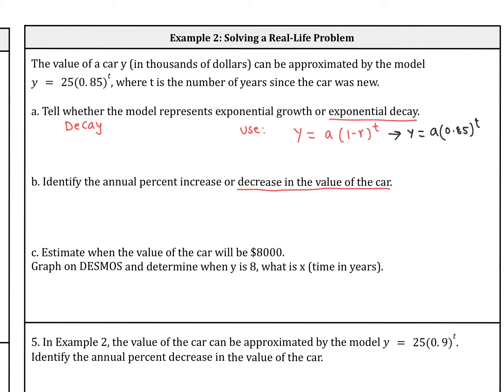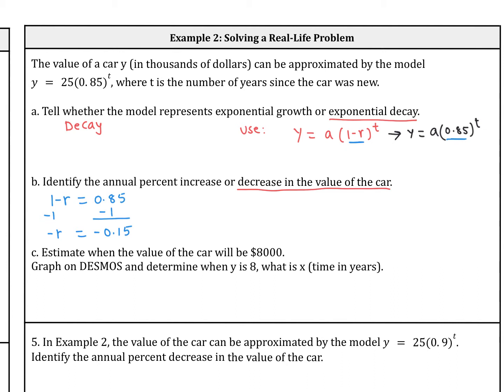So we can see that 1 minus r is equal to 0.85. We're going to solve for r, so we subtract 1 on both sides, and 0.85 minus 1 is going to be negative 0.15.